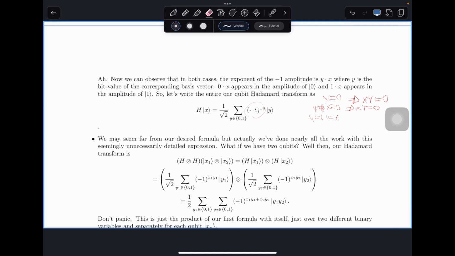So now let's go back and see if we can generalize this to multiple qubits. It might seem intimidating. This formula might seem not particularly motivated, not particularly well constructed, but we're actually really, really close. And to do this, we're just going to use our tensor product that we've developed a couple lectures back.